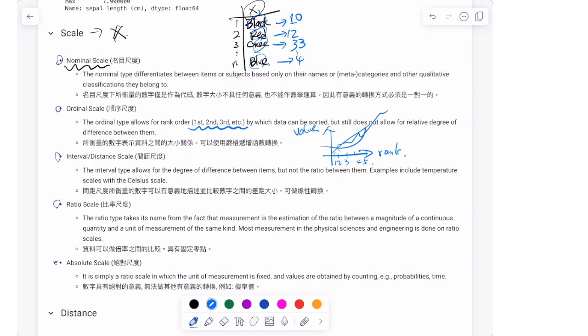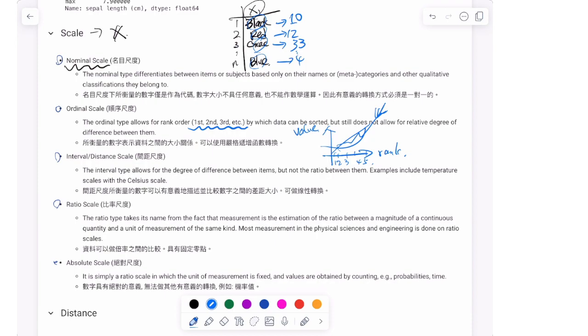You have to make sure the line you choose right here is exactly what you want, so that you can map the rank data to numerical data, and that numerical data can be used to add together, subtract, multiply, or divide. Okay, so that is ordinal scale. You have to decide a function to map the ordinal data to a real number.